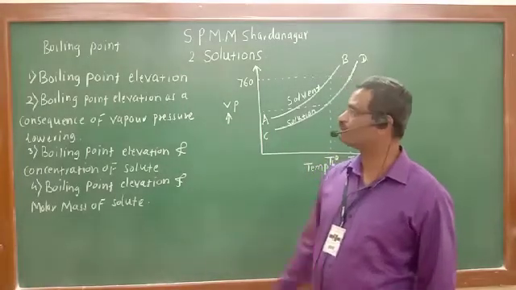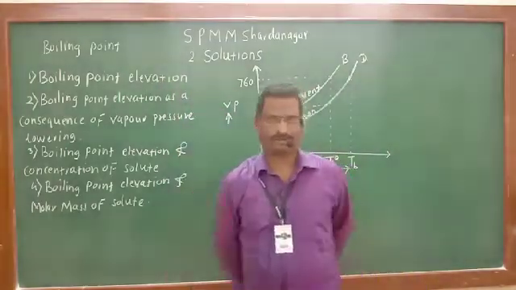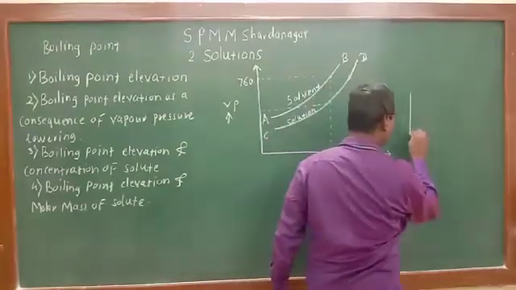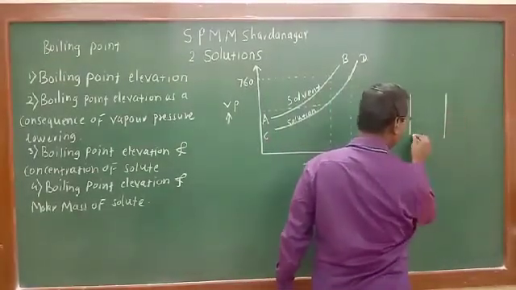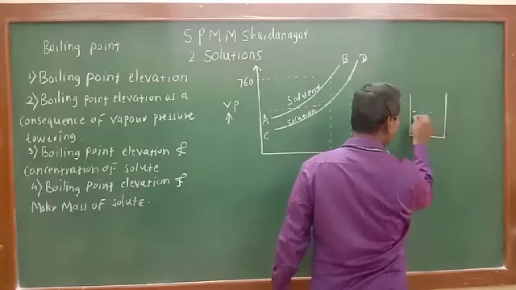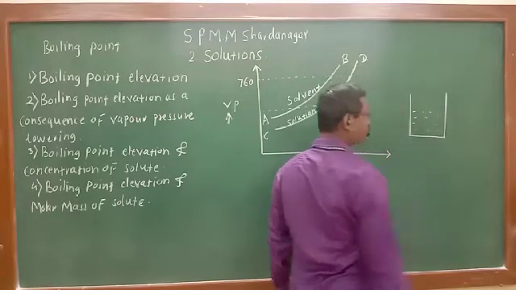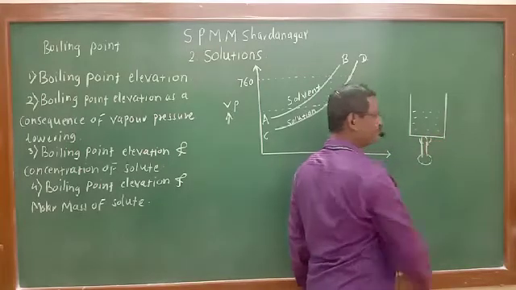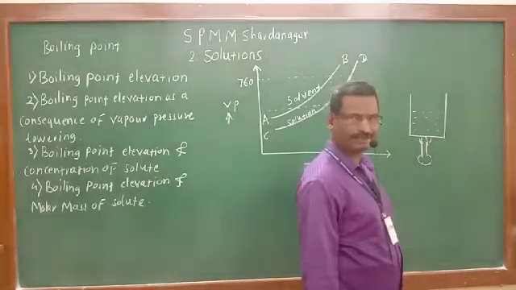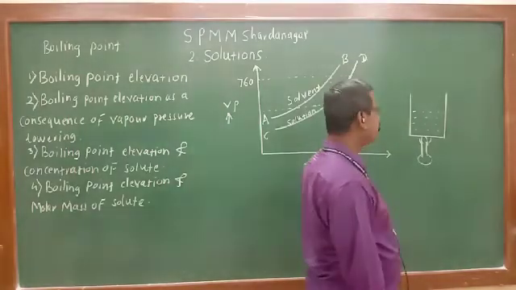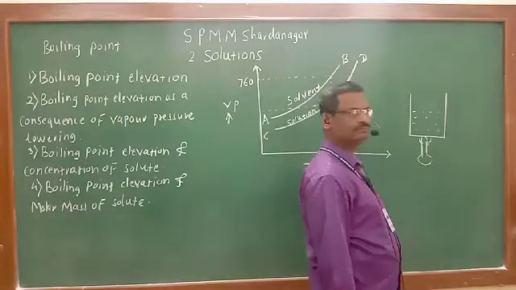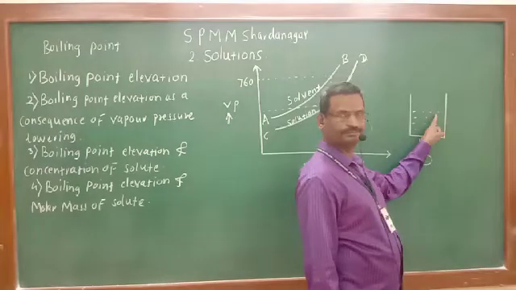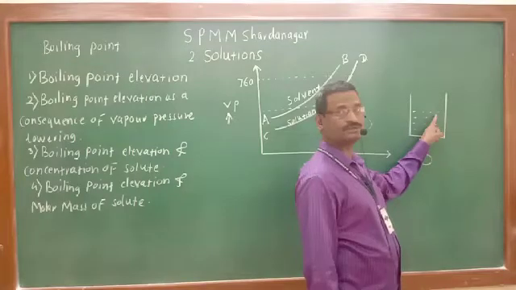First, what is meant by boiling point? Suppose we have a beaker in which we have taken liquid water. If it is heated, I have explained the detailed heating process many times. Due to heating, the liquid starts boiling.